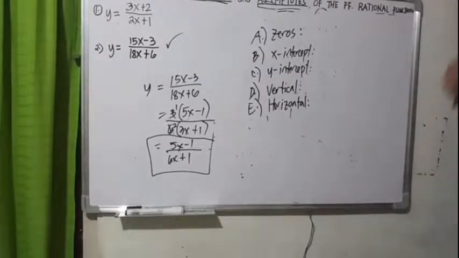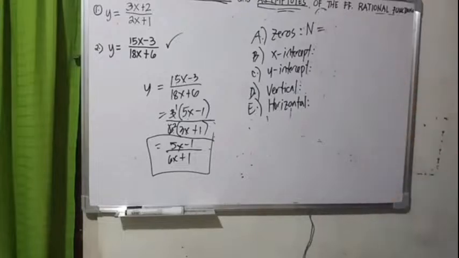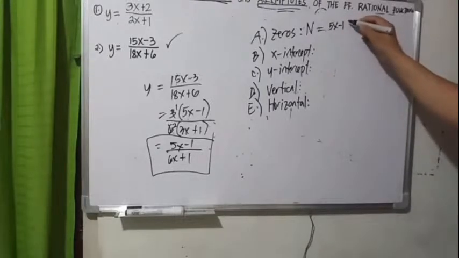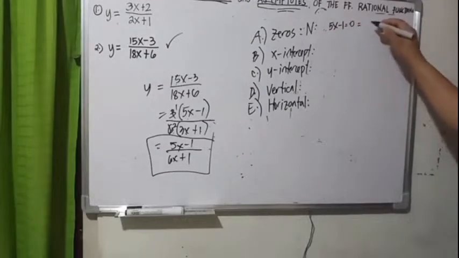So what is the value of the zeros? We base it on the numerator. The numerator is 5x minus 1. Equate it to 0, so x equals 1 over 5.